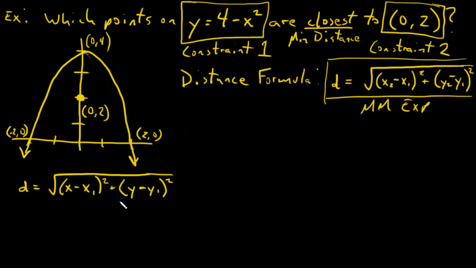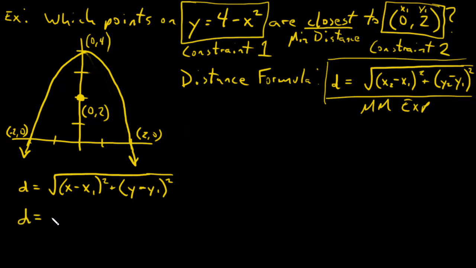Well, it's the same thing. It's just written in a form that's going to let us do substitutions more believably than if I just tried to shoehorn everything into the other one. All I did was rewrite my x2 and y2 as x and y. Okay? So now I'm going to plug in constraint 2 first. I'm going to call this x1 and this y1. So I'm going to plug those values in.